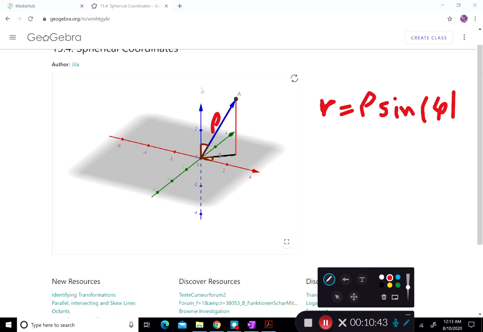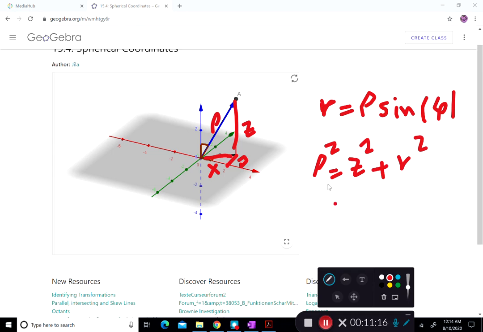Rho squared is equal to x squared plus y squared plus z squared. That's another thing that you can see, that down here basically this is y, this is x, so r squared is going to be x squared plus y squared, but in this triangle we have z, r and rho, and so you get rho squared is z squared, by that triangle, plus r squared.